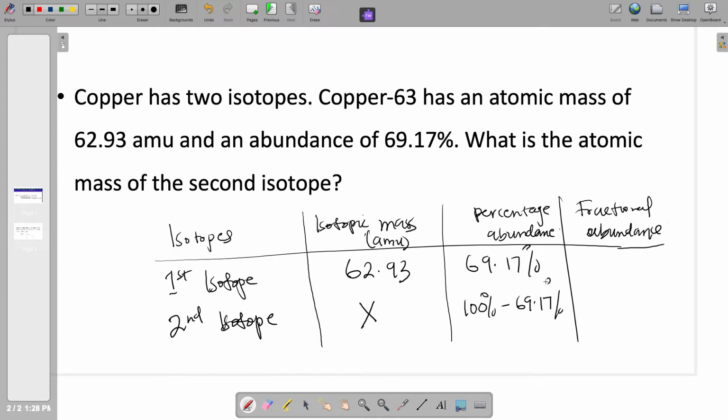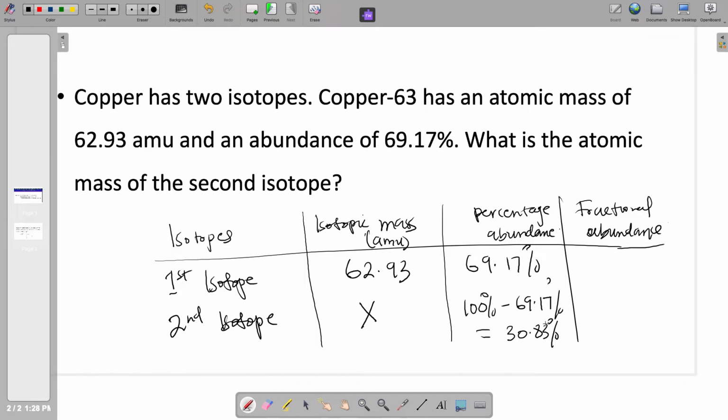And once we do that, we'll get our answer to be 30.83%. So now we know the percentage abundance of the second isotope. So this is something you have to keep in mind. Usually, percentage abundance values always add up to 100%.